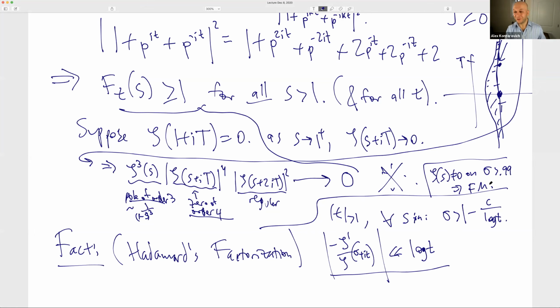If we had such a region, what I'm about to do is pull contours to the region where we have bounds, and pick up the pole at s equals 1. If I could pull the contour all the way to a vertical strip, we would have a power savings in the prime number theorem. We would know that pi of x is the logarithmic integral of x plus big O of x to the 0.99 instead of x to the 1.